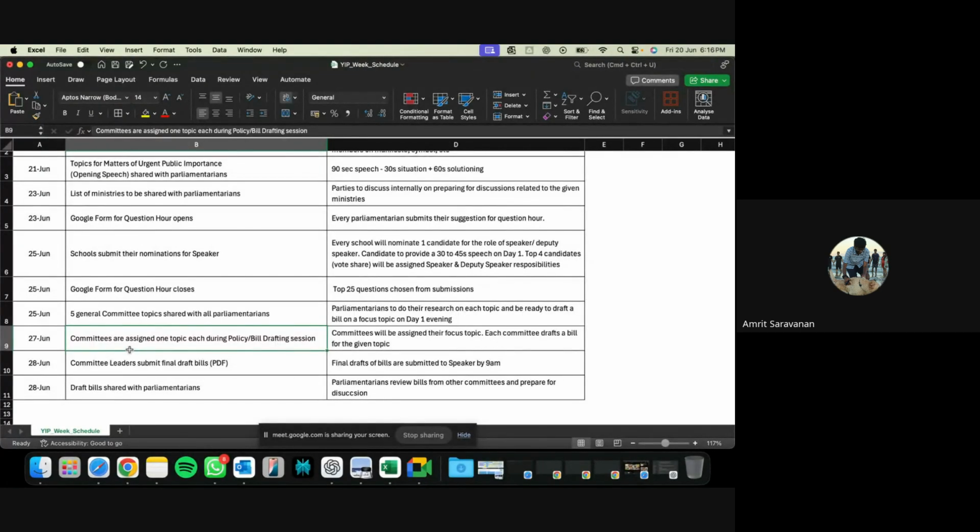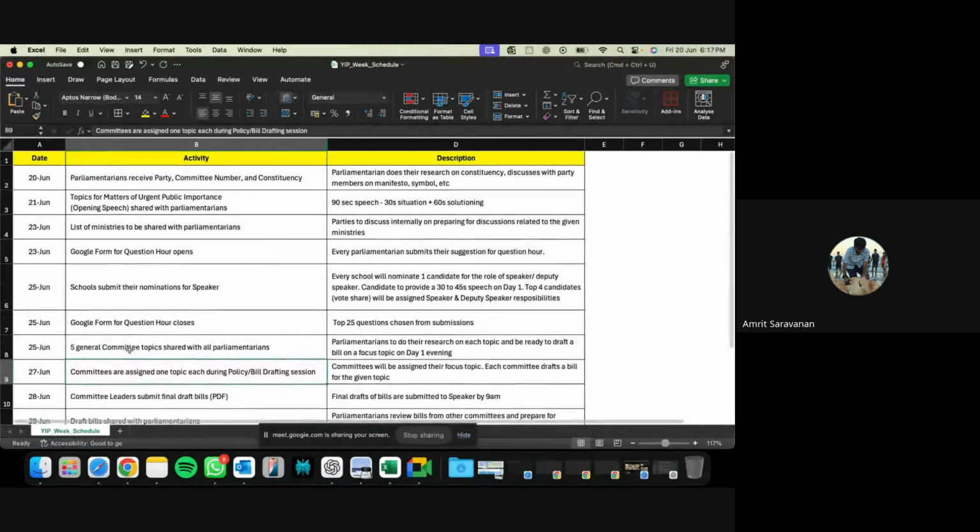And the next morning, the committee leaders will submit their bills, and shortly after, all the bills would be shared across the parliamentarians, so that everyone has an idea of what each committee is proposing, and you can better debate each bill during the session. So this is what you can expect across the next week.